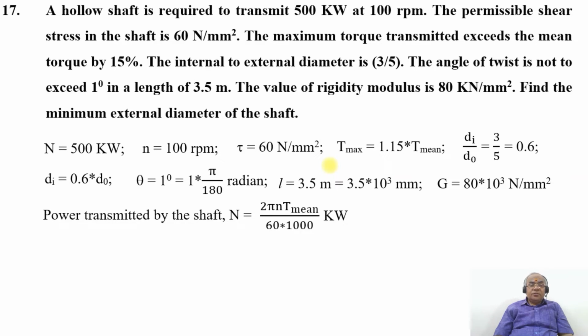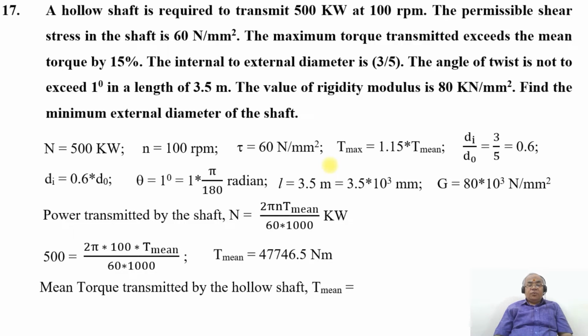So you substitute the values of capital N as 500, which will be equal to 2 pi into small n is 100 into T mean, which I need to find out, that is 2 pi into 100 into T mean divided by 60 into 1000. So on simplification and cross multiplication, T mean will be equal to 47746.5 Newton meter.